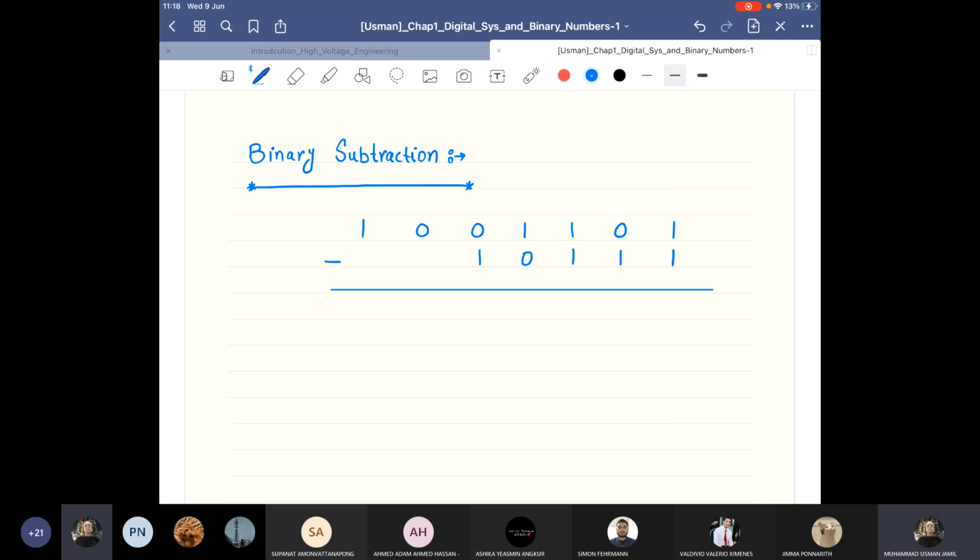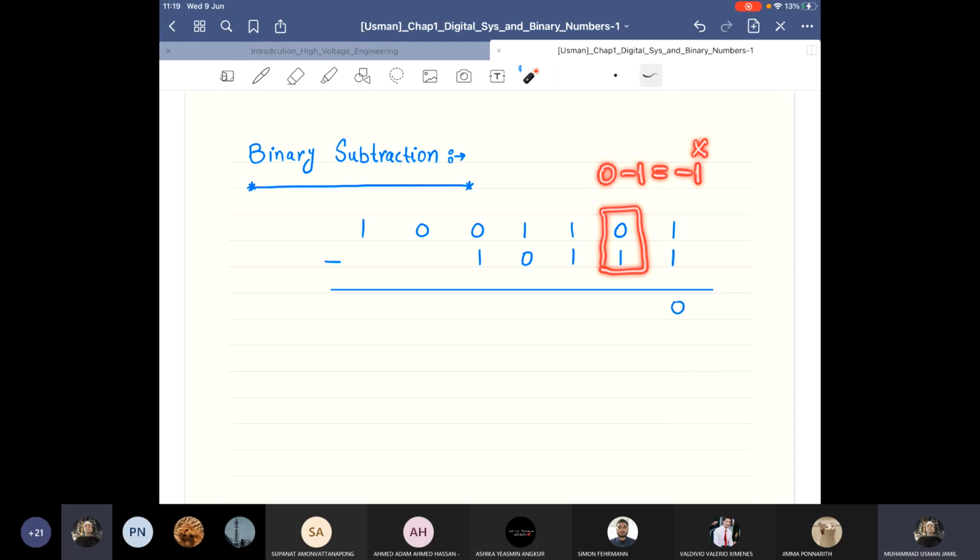So again, the same thing. For this one, 1 minus 1 is 0, so I will write 0 here. Now for this one, 0 minus 1 is negative 1, which we cannot do.